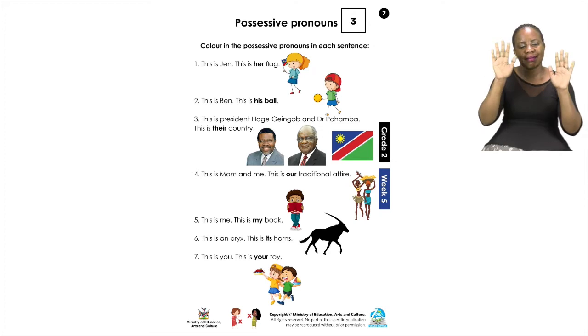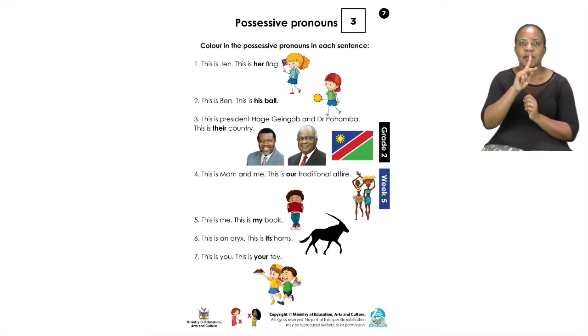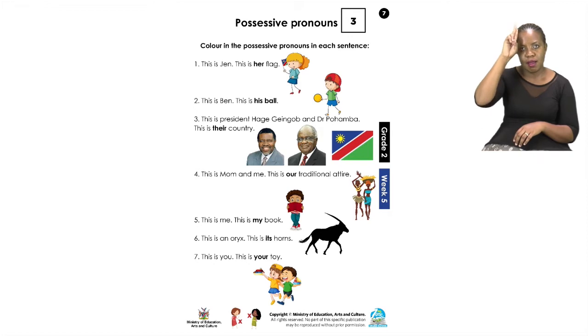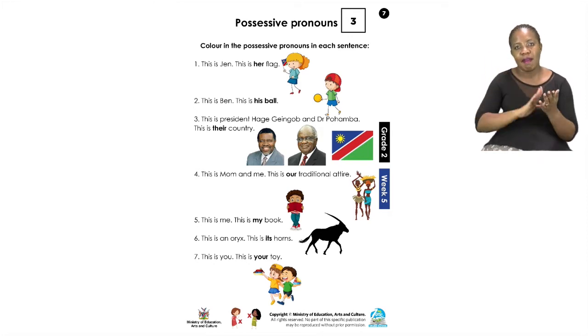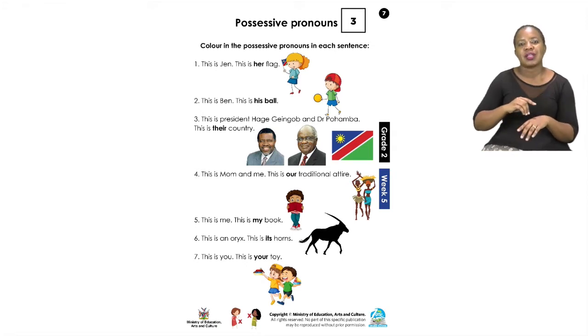Let's take a look at number 3. Number 3 says, this is President Haile Geingob and Dr. Pohamba. This is their country. Now your job is to find the possessive pronoun and to circle it and then color in that circled possessive pronoun.